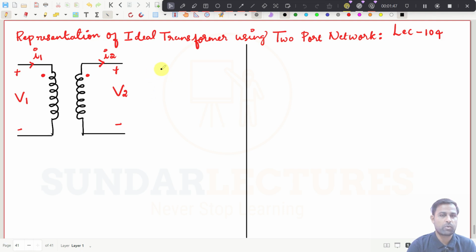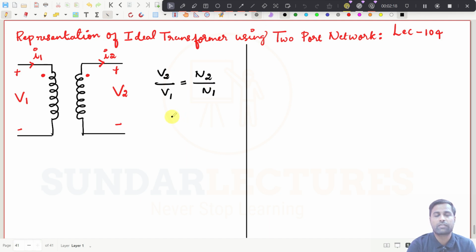See here, what is this one? We know this one, right? So V2 divided by V1 can be written as N2 divided by N1. You know this one, right? This is the transformation ratio.